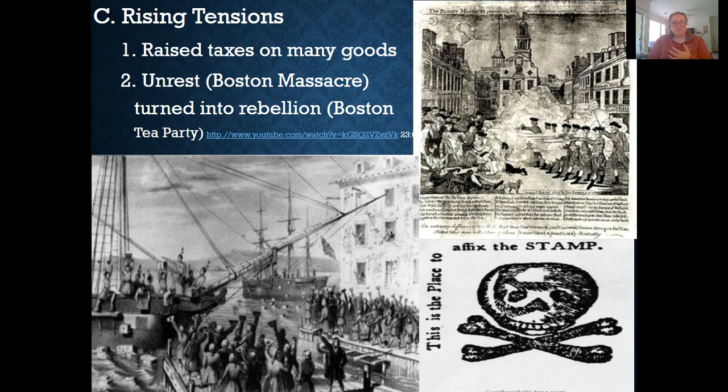So you have the Stamp Act, you have the sugar tax, you have all of these things that are put in place to basically make colonists pay the debt, which makes total sense because the colonists were the ones going to Great Britain saying, hey, we need your help with this Native American problem. And then when Great Britain comes along and helps and accrues all this debt because of colonial wars and affairs, it should be the colonies who pay for this debt. But that's not the way we look at it.